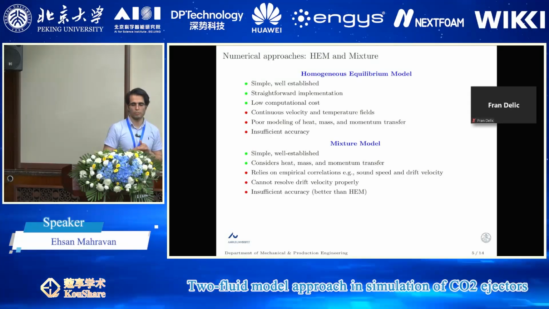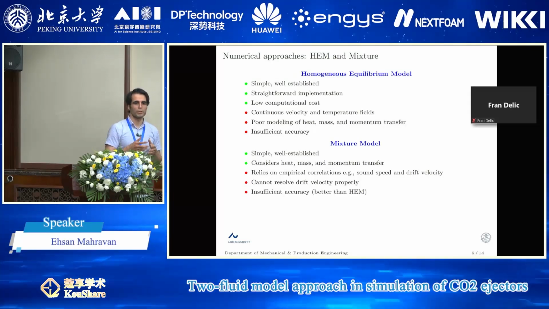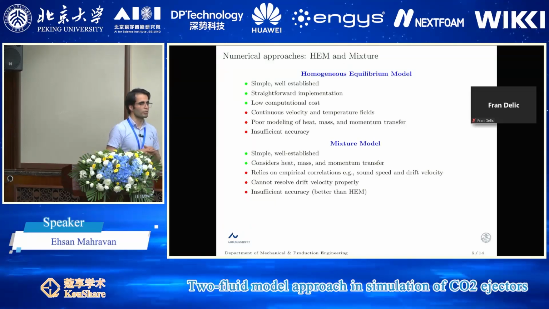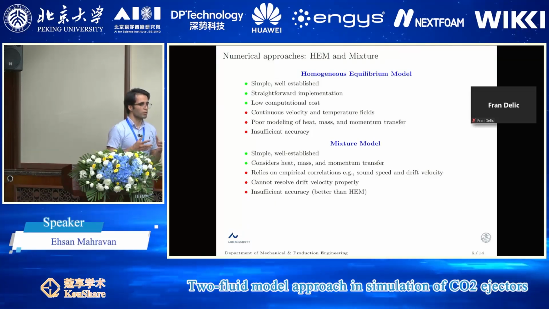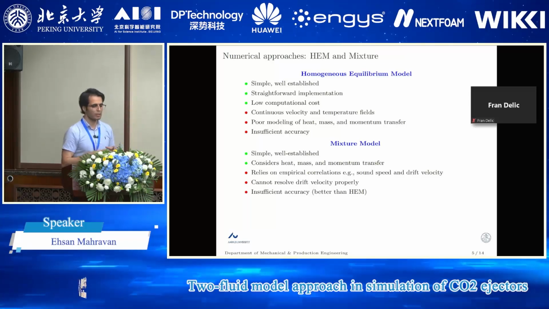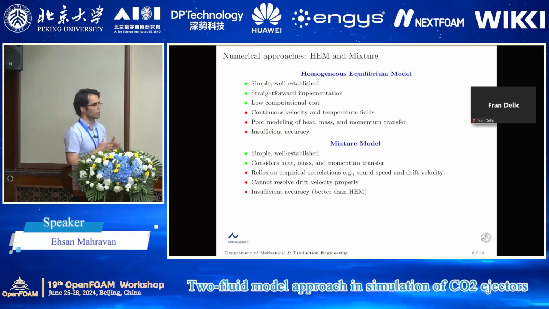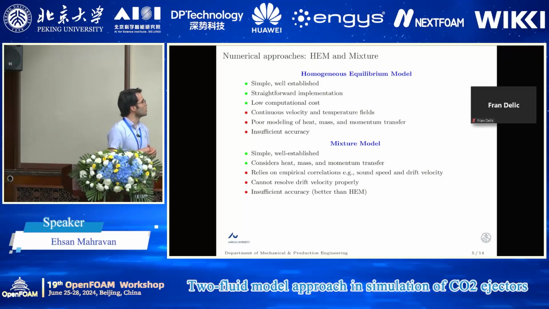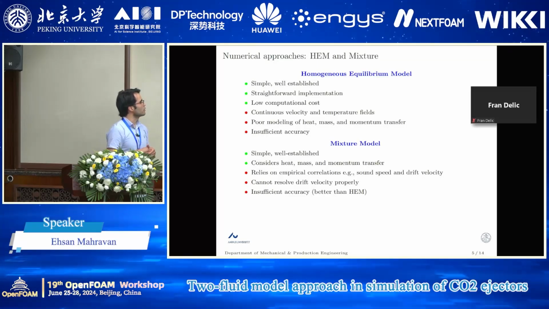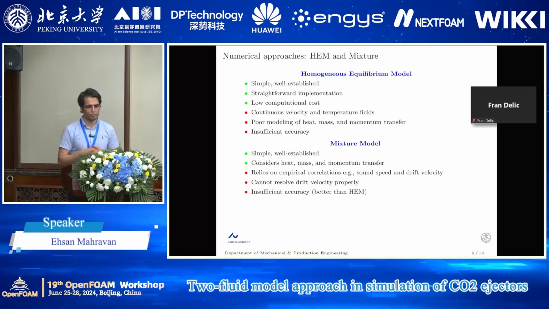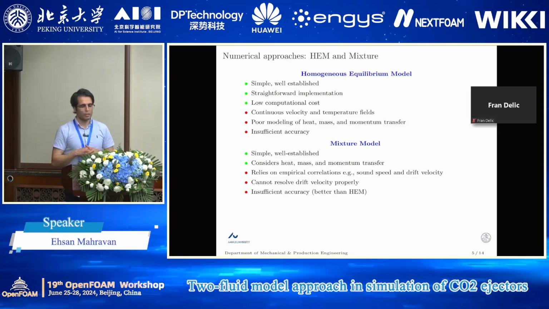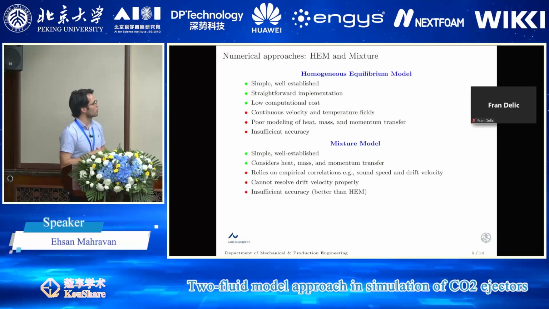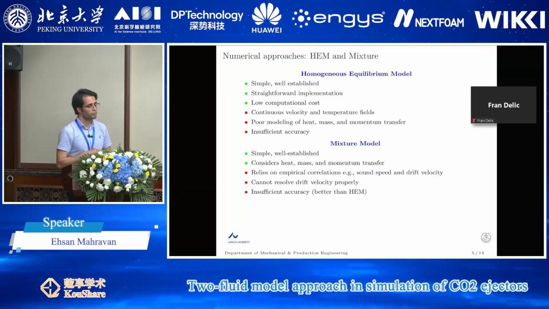Those rapid phase changes cannot be simulated through the equilibrium assumption. In the literature, they try to modify it and add some models to include relaxation, but still it's not a reliable method. And in the end, as you can say, it doesn't have enough accuracy.